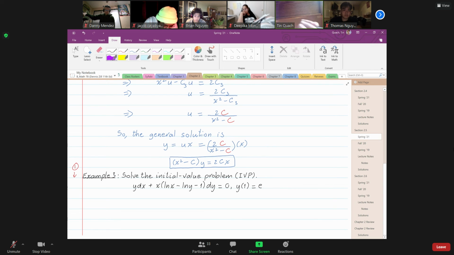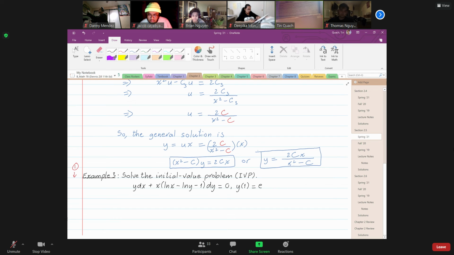If you want to keep it in explicit form, then you can have this, or 2cx and then x squared minus c. That is explicit, right? So it doesn't matter which form you have, okay? So that's what this section is all about, okay? Making an appropriate substitution, okay, and solve.